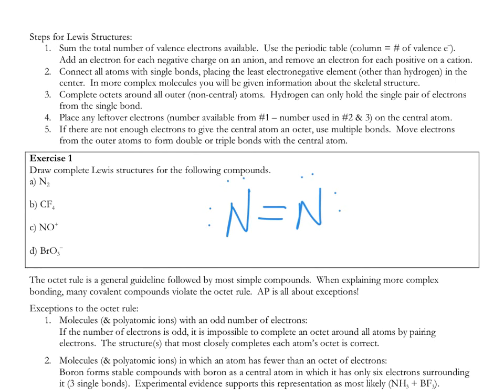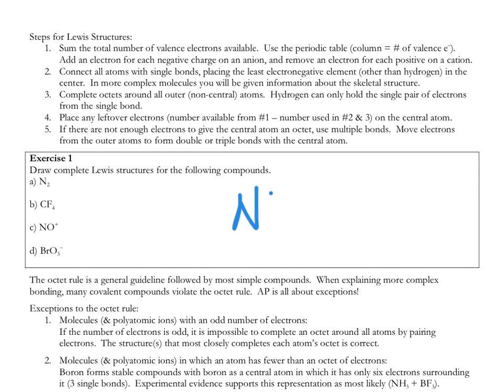I've still used more electrons than I have available. So I'm going to move some of these electrons in, but it doesn't let me erase, so I'm going to totally delete the molecule and redraw it again.